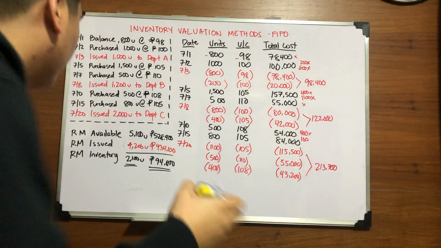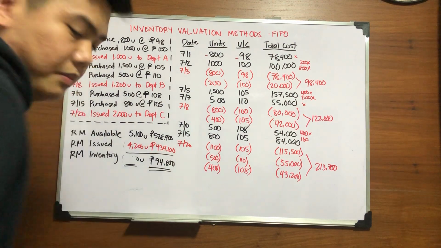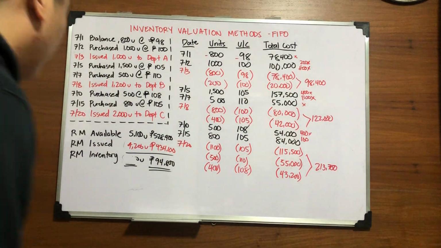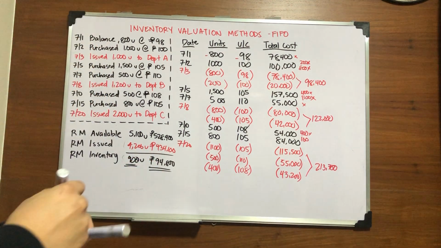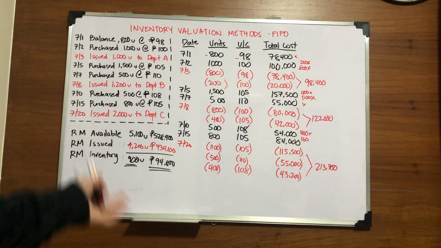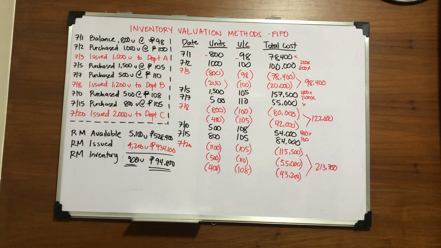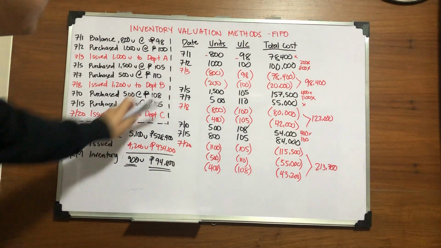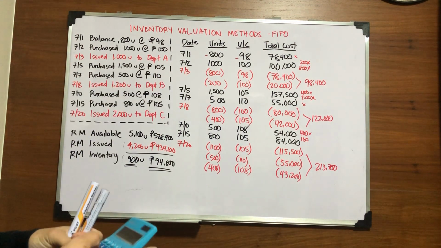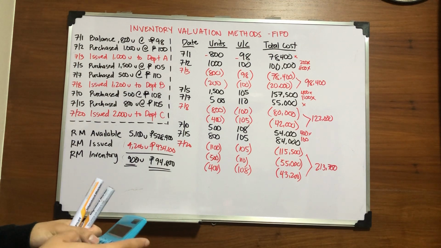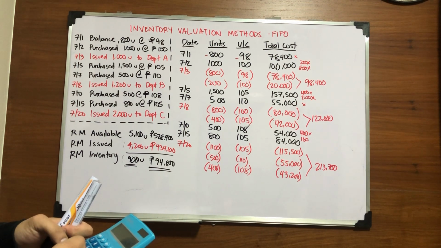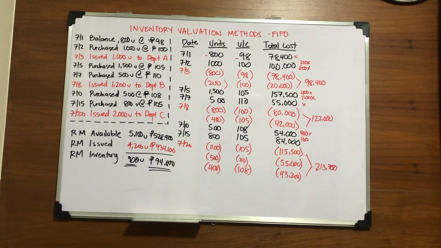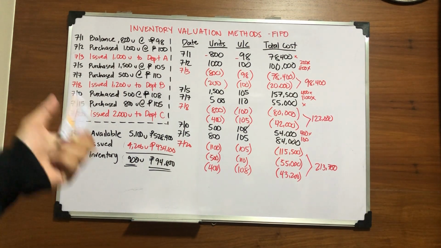And your ending should be 900 units. Okay? So again, just to clarify, you might be confused. To get the units, you just add the red pen. So 800 plus 200 plus 800 plus 400 plus 2,000. You'll be getting 4,200 raw materials issued to production.